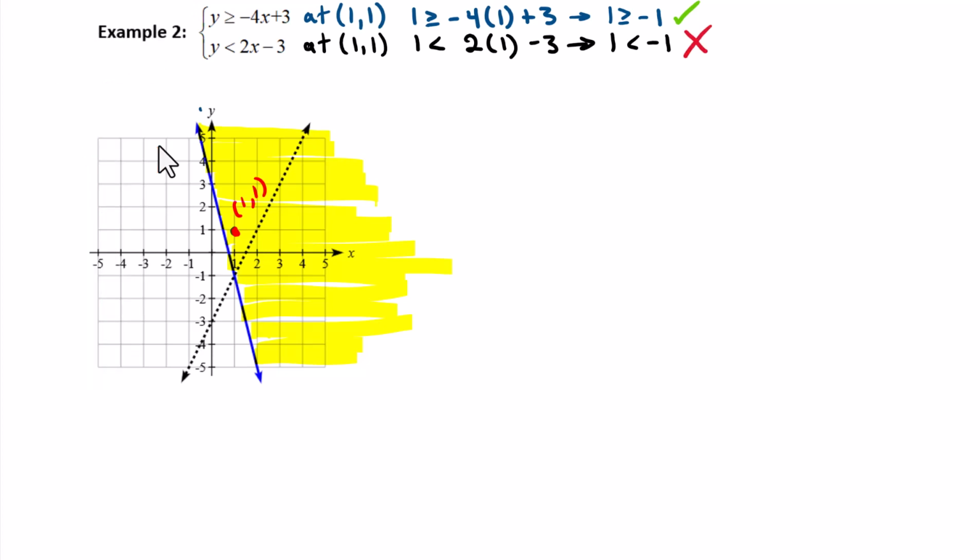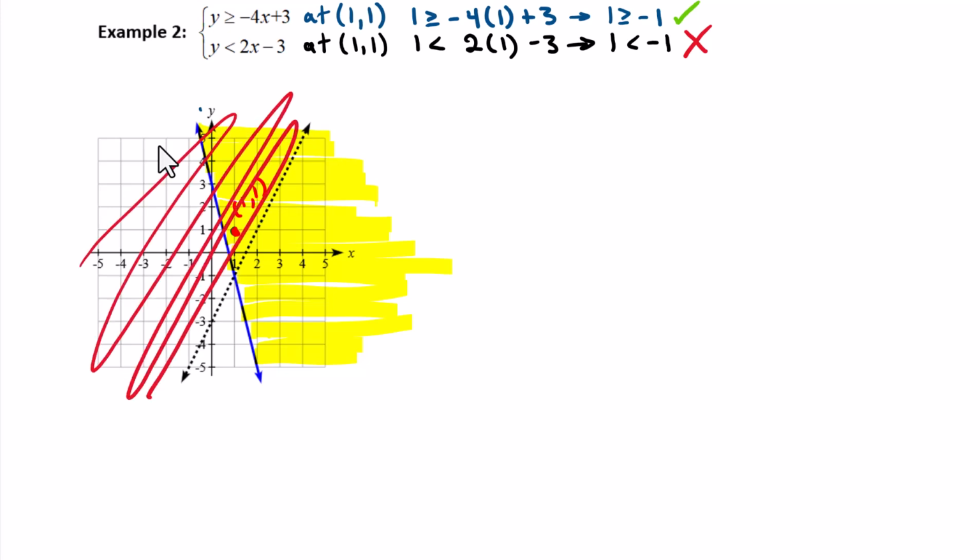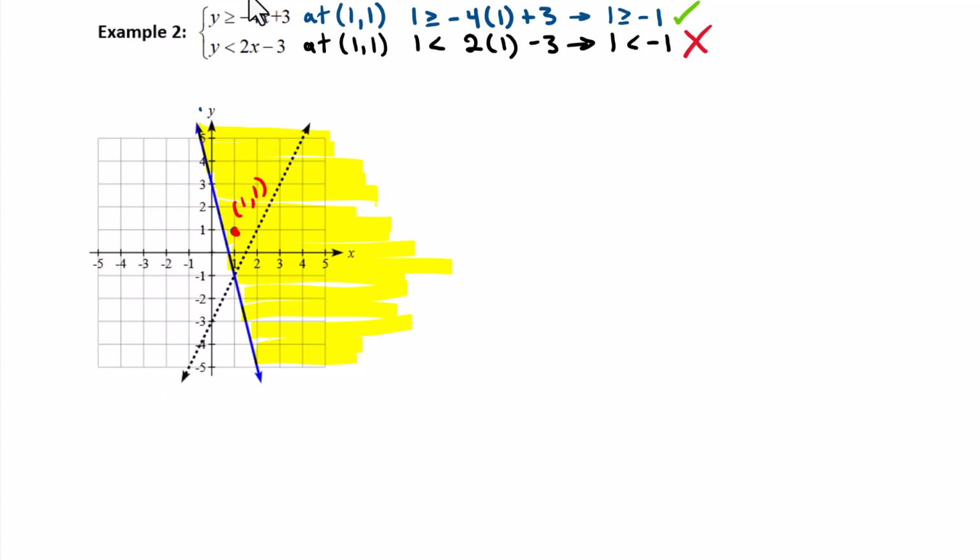So that means that this side of the graph is not true for the dotted line inequality. So that means I need to highlight or select the other side of my line as the true side.